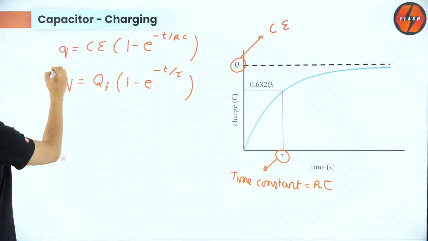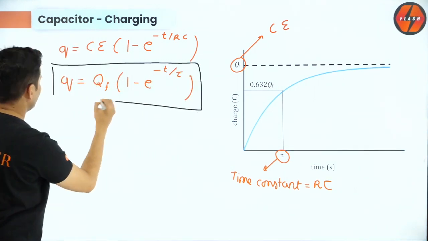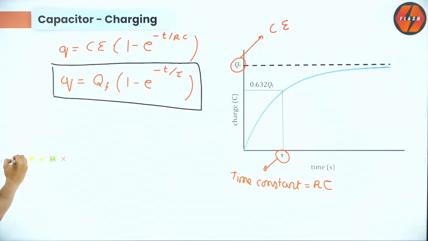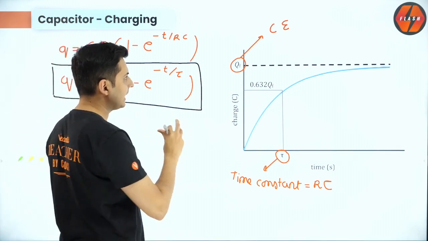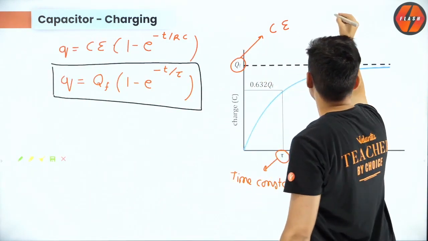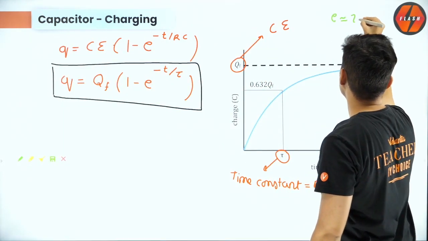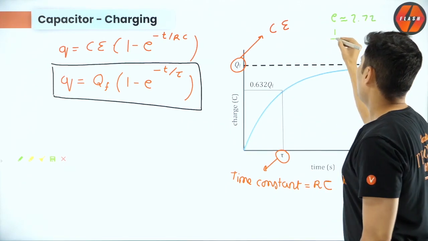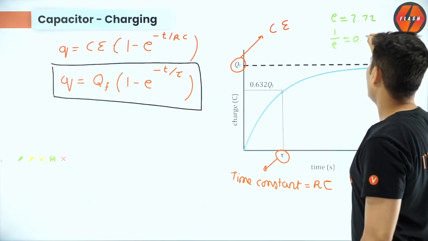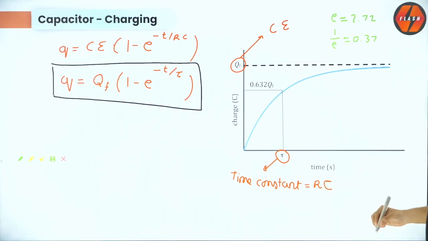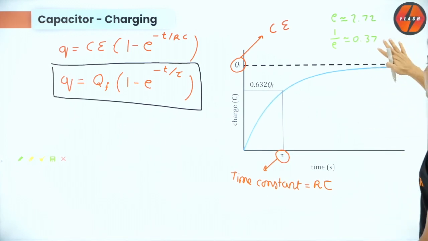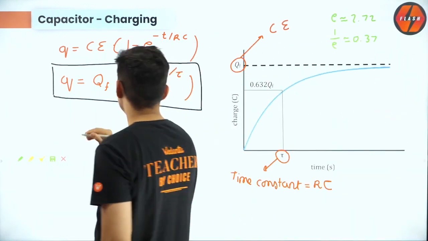Now, what is the advantage of writing it in this form is that if you remember certain values, like imagine E's value is approximately 2.72, but 1 by E's value is approximately 0.37. Now think about it.